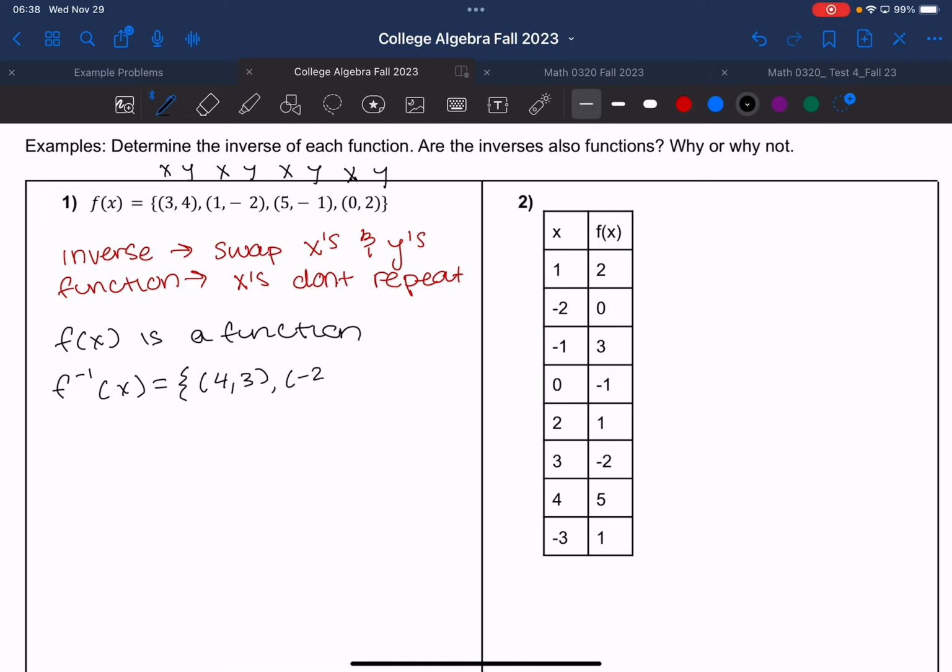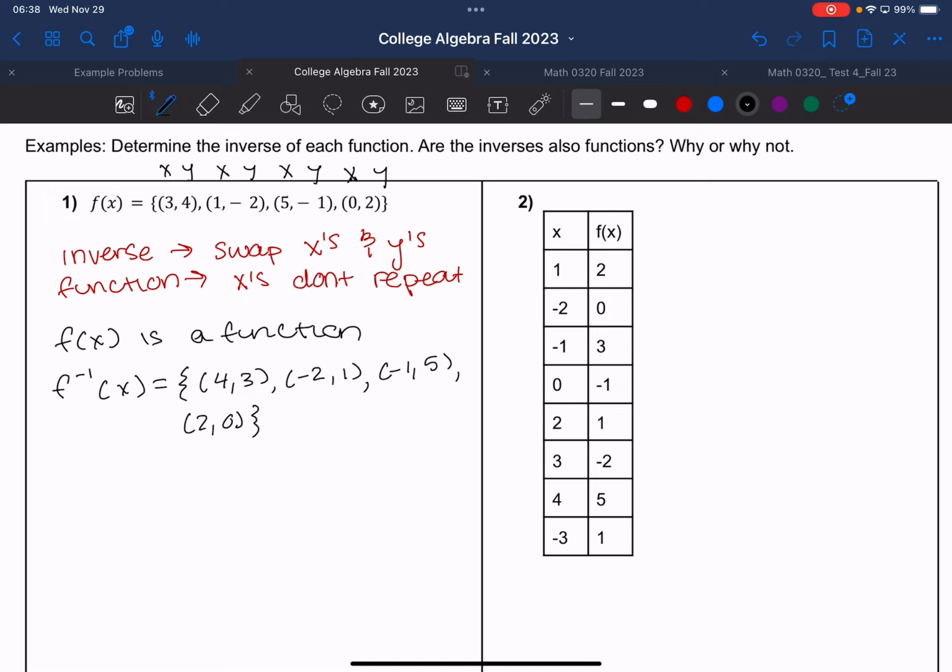We're just flipping all these points. And then instead of 5, -1, it's going to be -1, 5. And then lastly, instead of 0, 2, 2, 0. So this right here is our inverse. All we did was swap our x and y values.